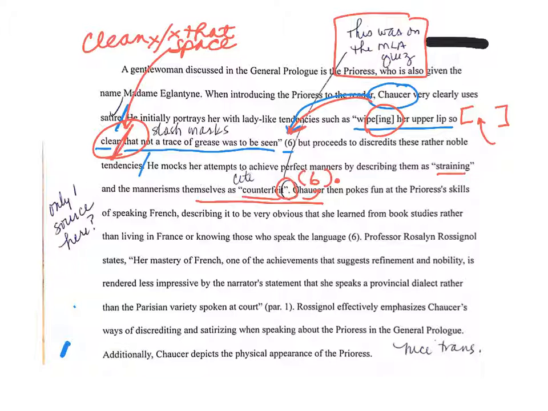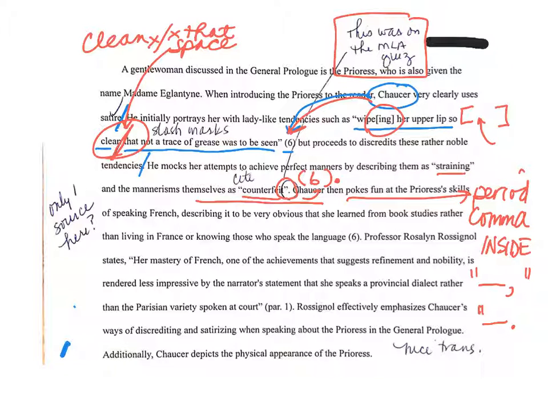But if you have a period or a comma with quotation marks, the period and comma always come inside the quote marks. So if you have quote marks and a comma, comma's inside. If you have quote marks and a period, the period is on the inside.